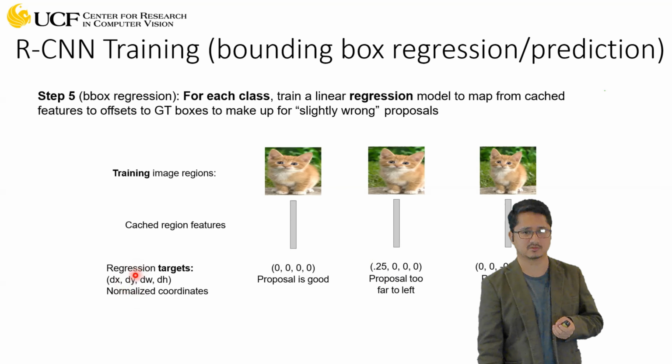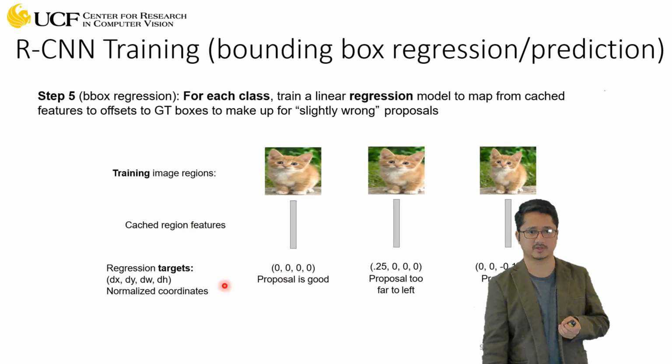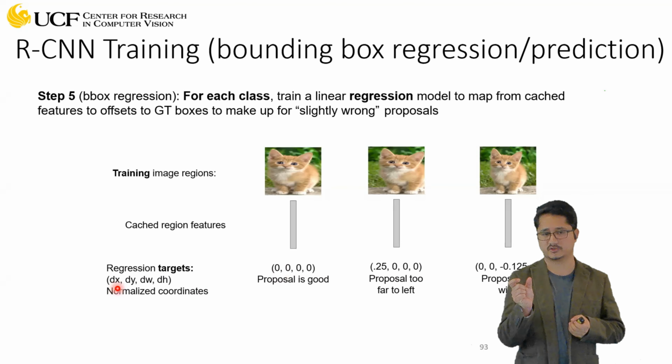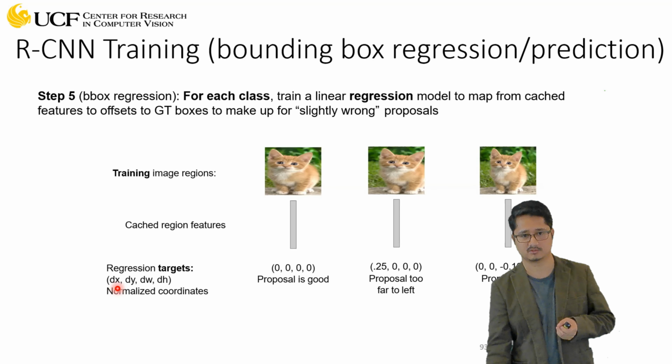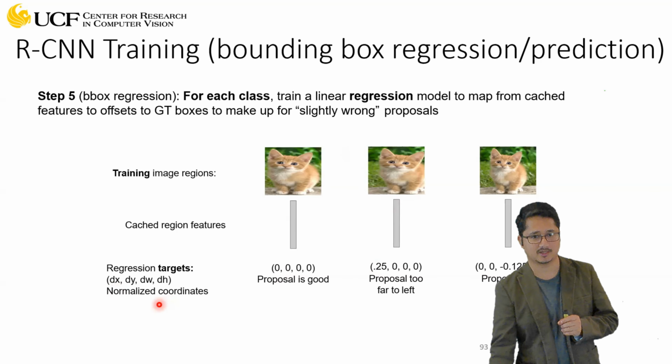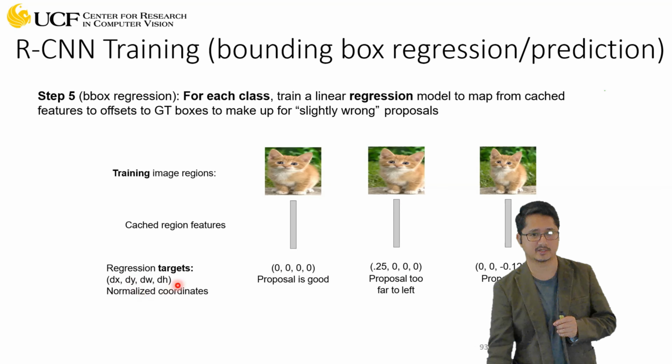Okay, so in this case, what it's showing is we have 4 different numbers for adjustment. And the first number is how much should you shift your X value. So this is 0.25, so you will shift X by 0.25. And the Y is telling you how much you should shift in the Y direction.